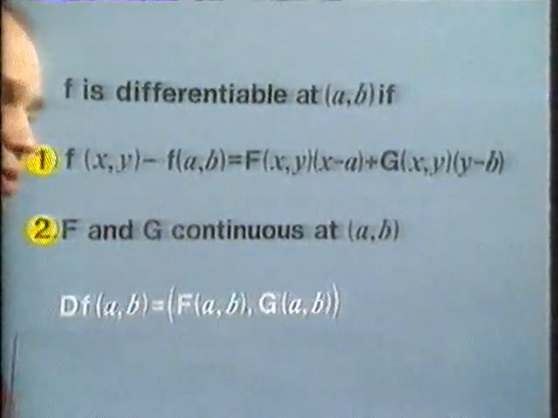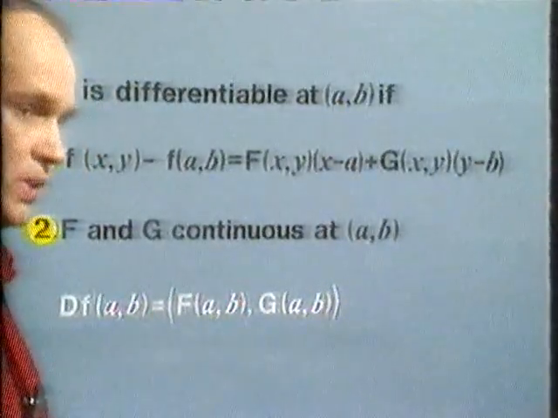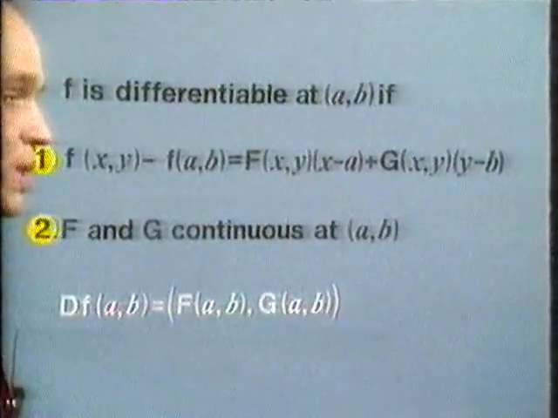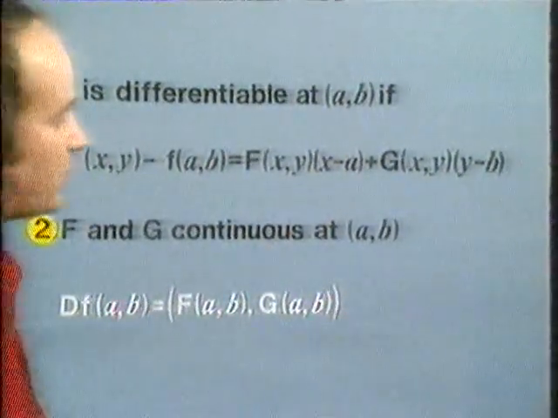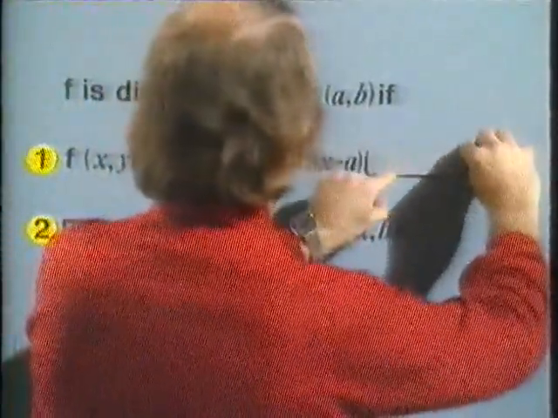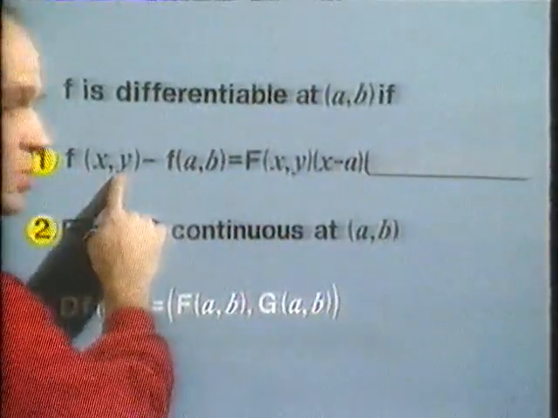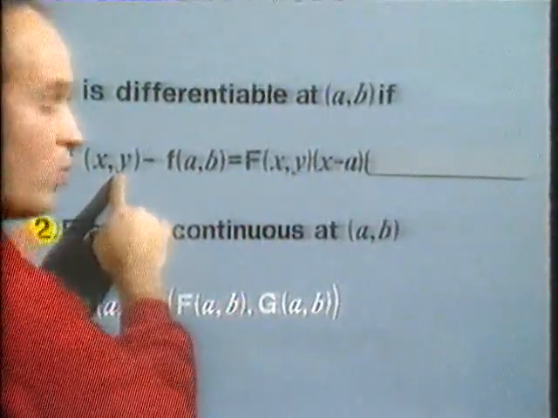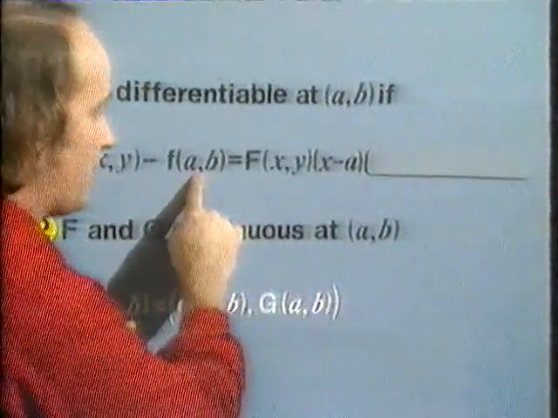Now, the second result says that if f is differentiable at AB, then it's partially differentiable at AB. Again, that's quite easy to see from this first equation. If we put y equal to b in this first equation, this disappears. And now this, with y equal to b, is the value of our f1 function at x. This is the value of the f1 function at a.